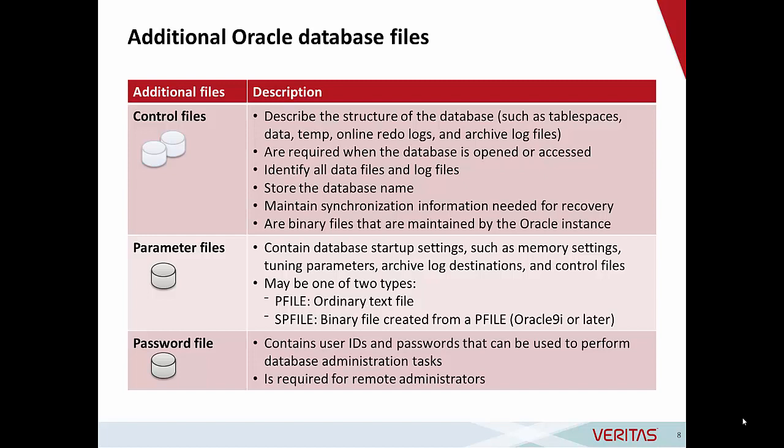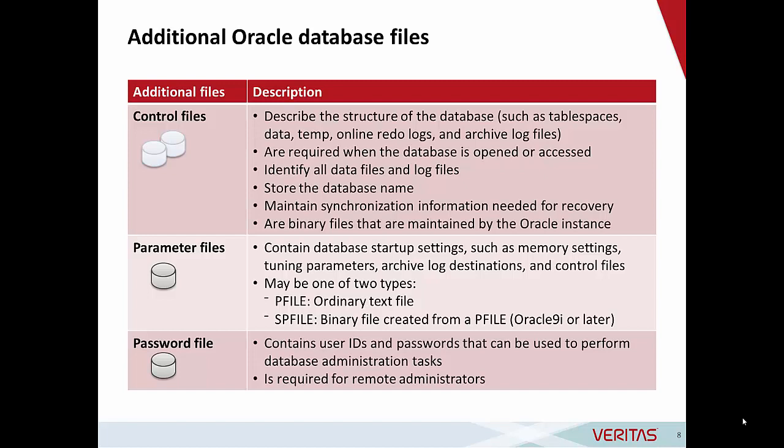The database control file is a critical piece of metadata that describes the structure of the database and is always open when the database is in use. In addition, the Oracle Recovery Manager by default will be recording backup activity to the database control file. The parameter file contains database startup settings, such as memory settings, and there are two types of parameter files.